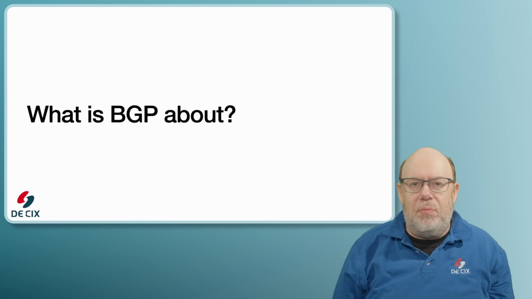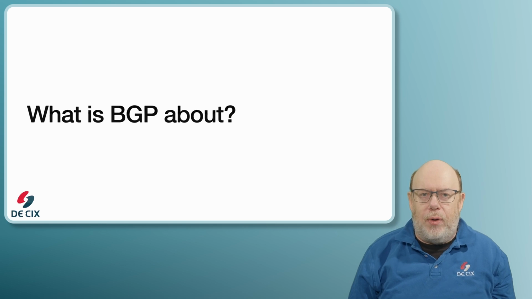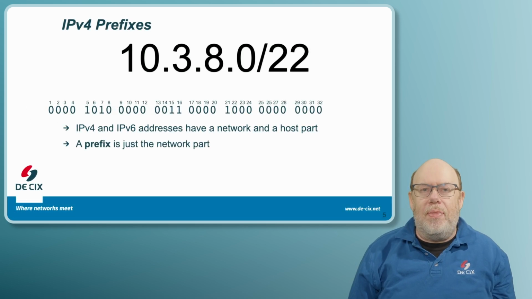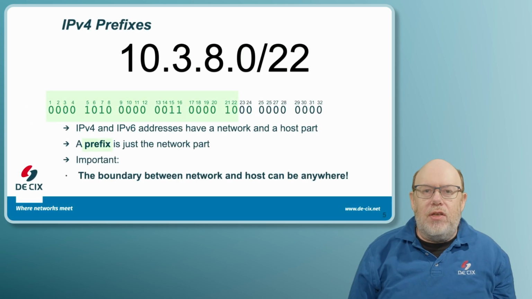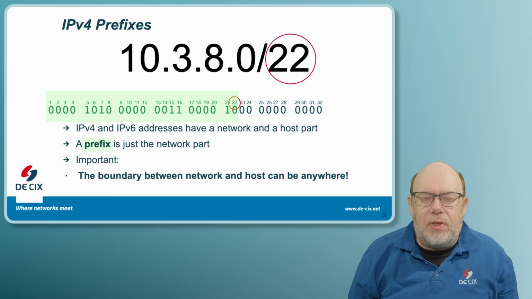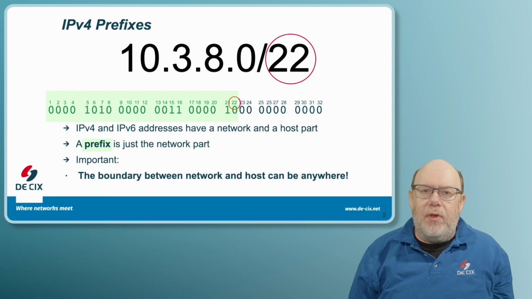So BGP is about prefixes, network prefixes. You all know about IP addresses, so what's now a prefix? An IP address actually has a host part and a network part, and an IP prefix is just the network part.